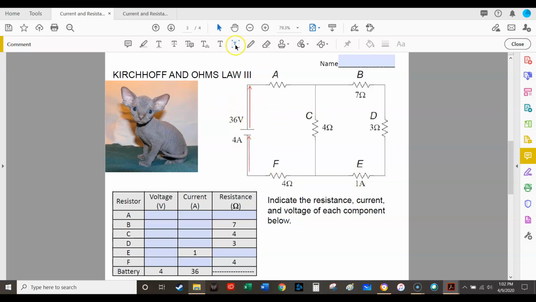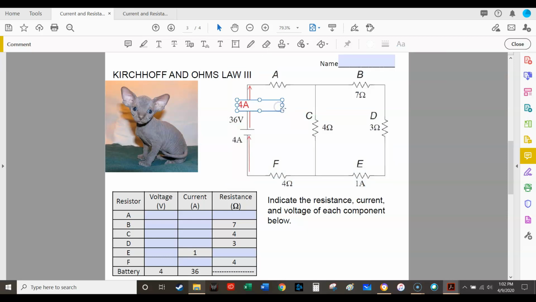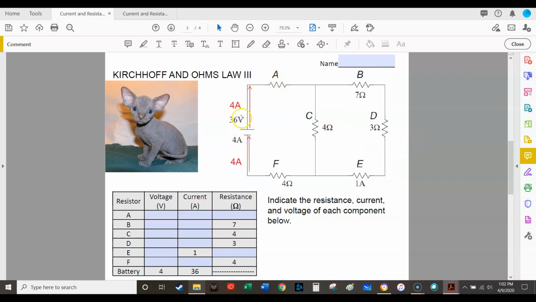And that current, I believe they say it is 4 amps. Okay. And that means 4 amps is going in. So the battery is a 36 volt battery. It's producing 4 amps. Okay. And that 4 amps is leaving.